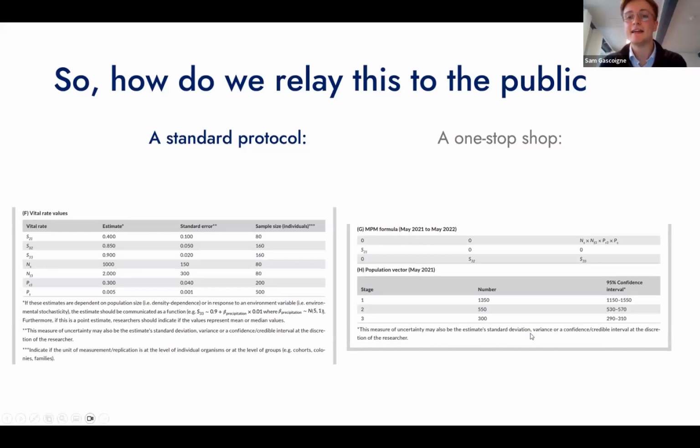You can see this in the example in G, where multiple demographic vital rates are multiplied together to construct one demographic rate in the matrix population model. And if you can construct the population vector, we recommend constructing it and communicating it as well.